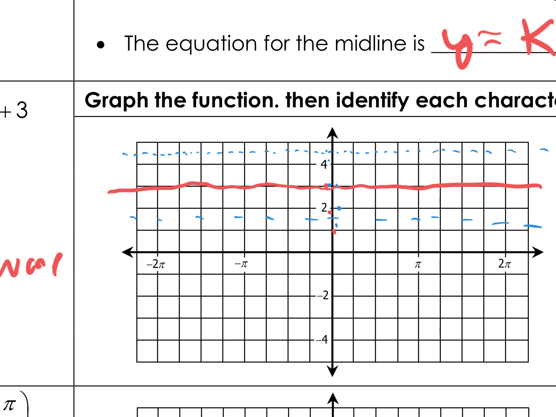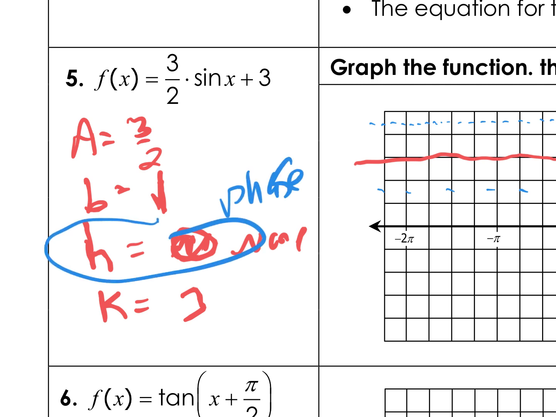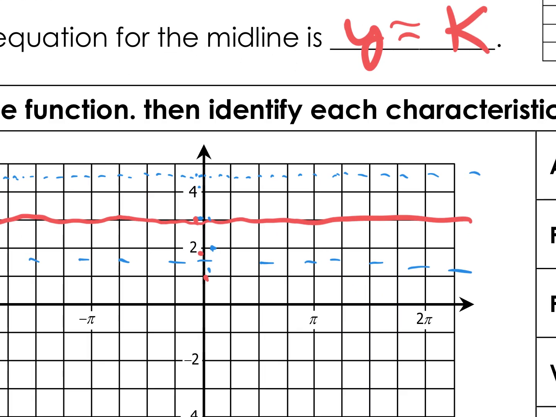And since there was no phase shift, it doesn't have one. It doesn't go left and right. So whatever I do with sine, I'll do the same thing. It's a positive sine. It starts in the center.